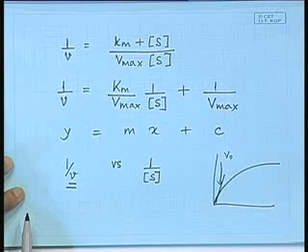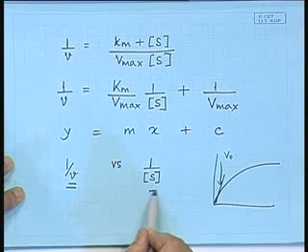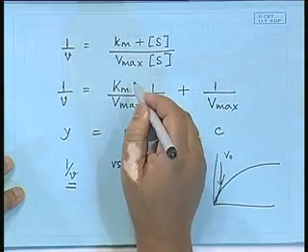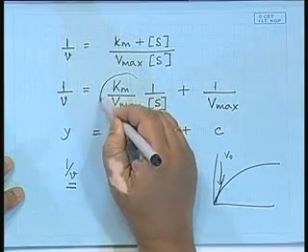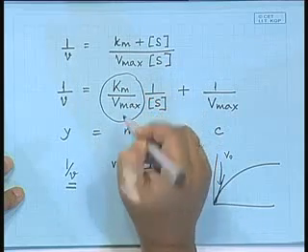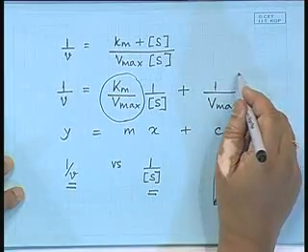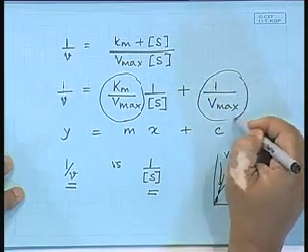So this is the velocity I know, the substrate concentration I know. So what do I get? From the slope, I get Km by Vmax. And what do I get from the intercept? 1 by Vmax.